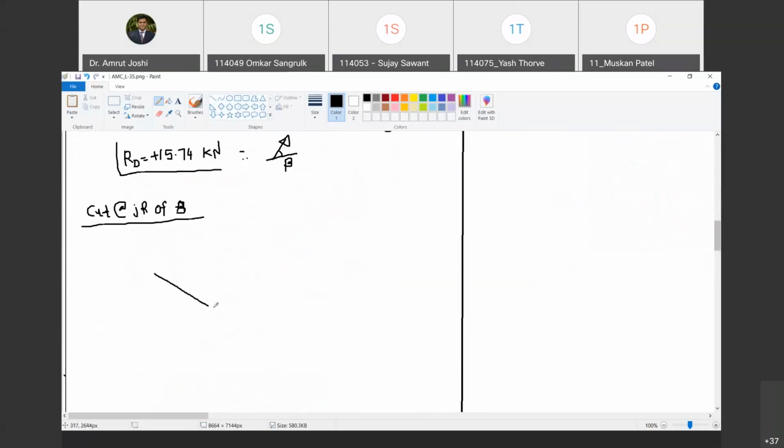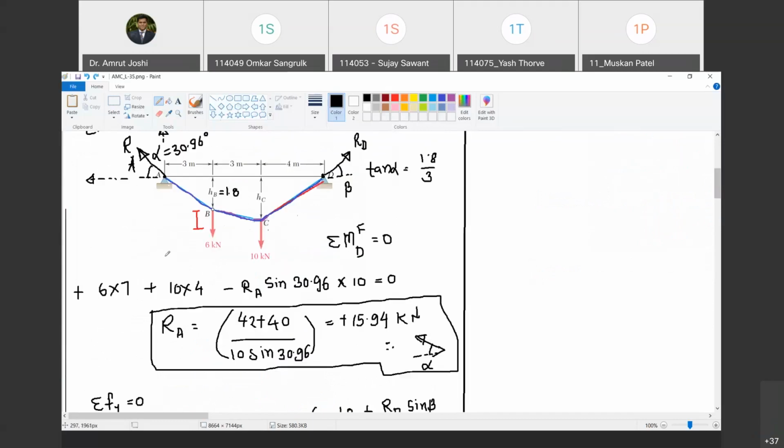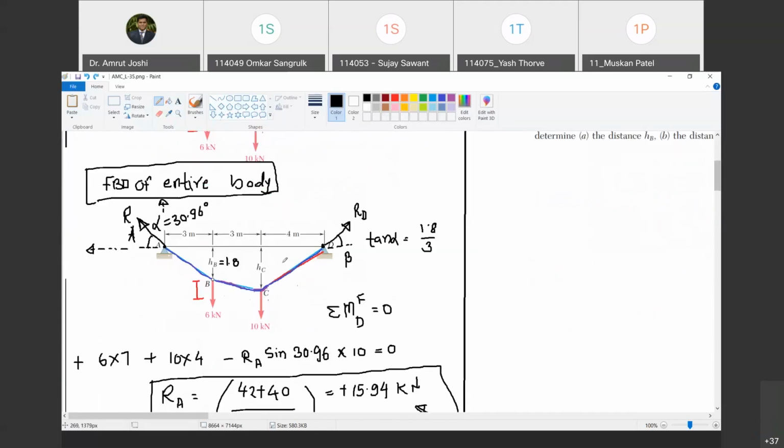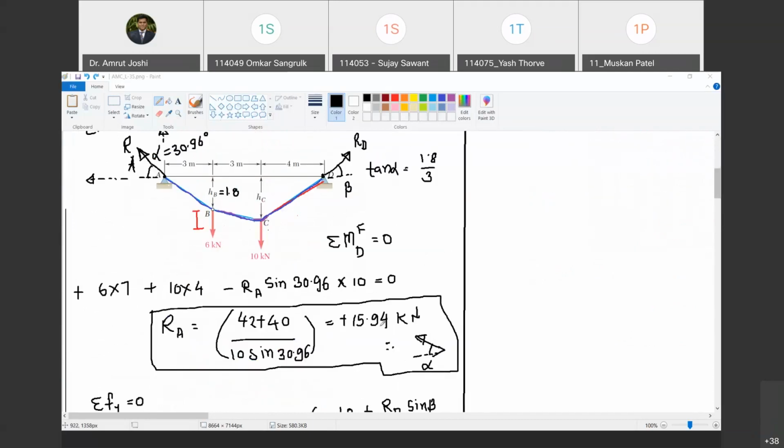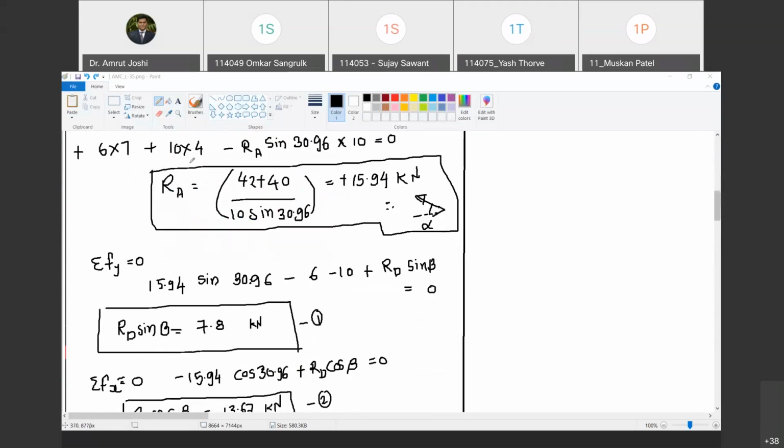Yes, sir. So this is A, this is B, and here I have given the cut. Happy? Yes, sir. Okay. And now tell me, what is the reaction at A? That reaction is already known to you? Yes, it is already known. What is the value? Value is 15.94 at an angle of 30.96.